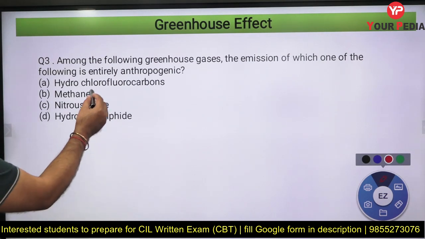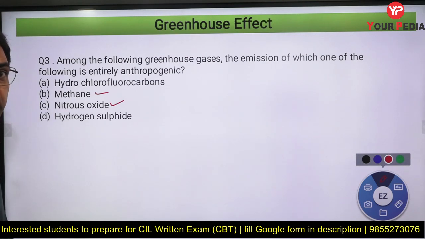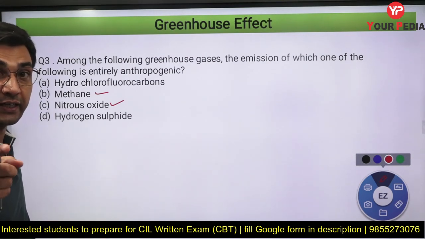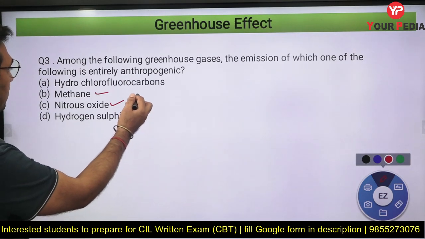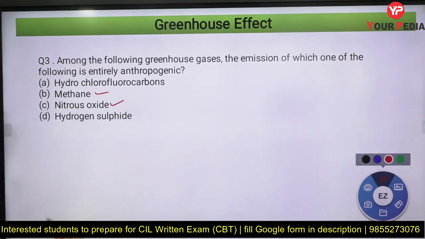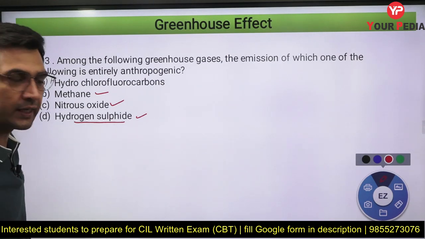So methane exists naturally in the environment. We talked about nitrous oxide. Definitely, it can also exist in the environment, maybe through volcanic activity and other activities. We also talked about agriculture activities, right? And other similar kinds of activities. And hydrogen sulfide. So all these are basically natural. For example, hydrogen sulfide we can also have through volcanic activity.